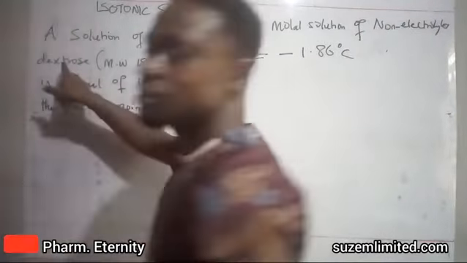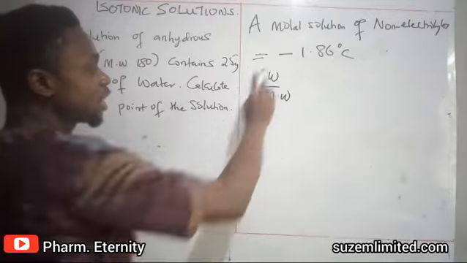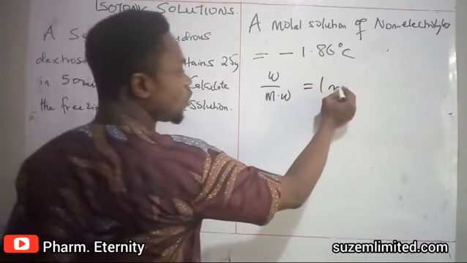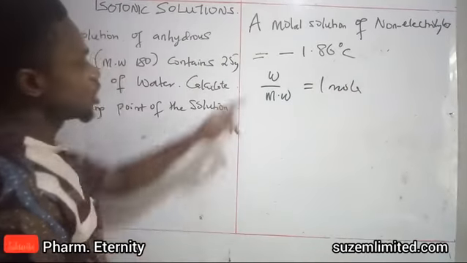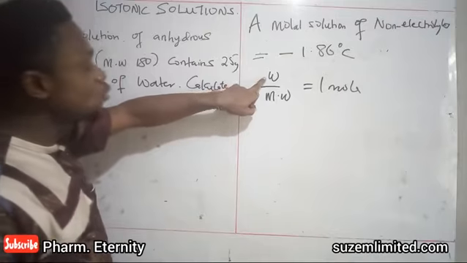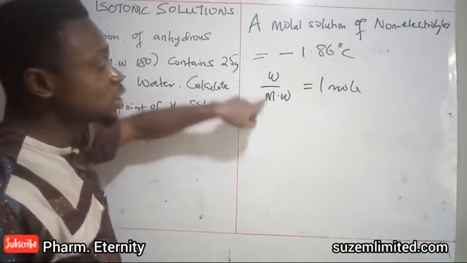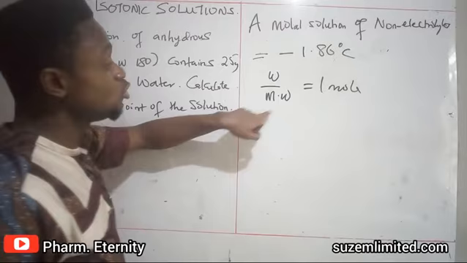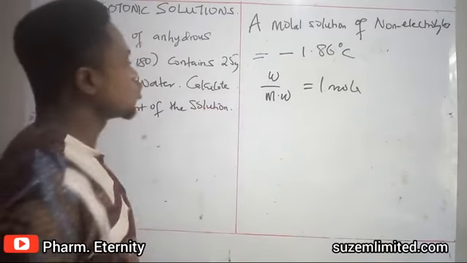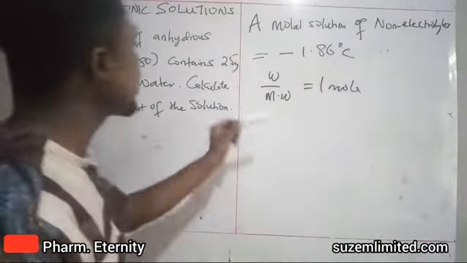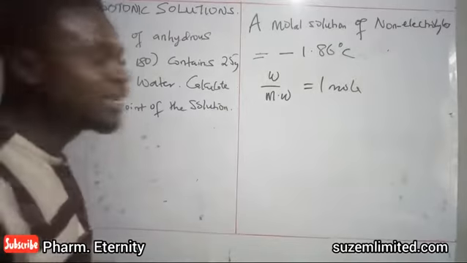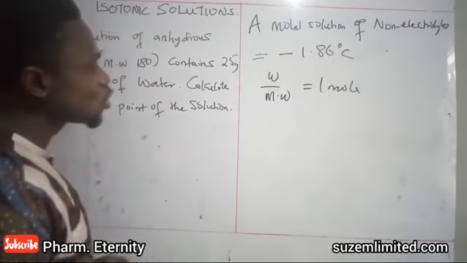Molecular weight. So if you get 1 mole, it implies that the weight on top is the same as the molecular weight. That's why you can have 1 mole.